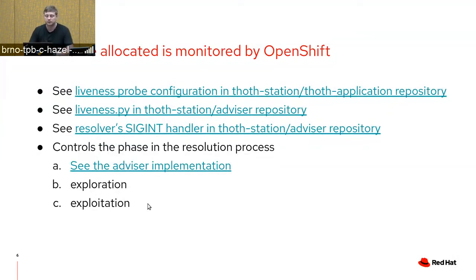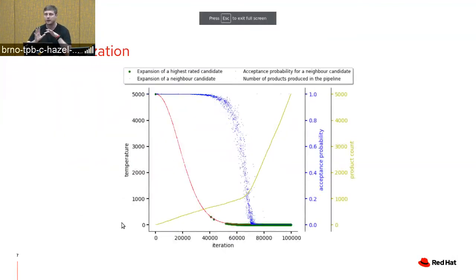So SIGUSR1 controls the resolution process in the reinforcement learning algorithm. It controls the exploration and exploitation phase. Very briefly, the reinforcement learning algorithm first tries to explore possibilities in the search space, meaning in the dependency graph, to resolve application dependencies.